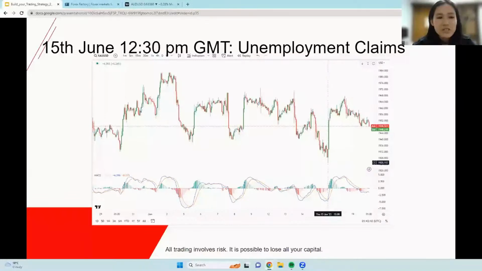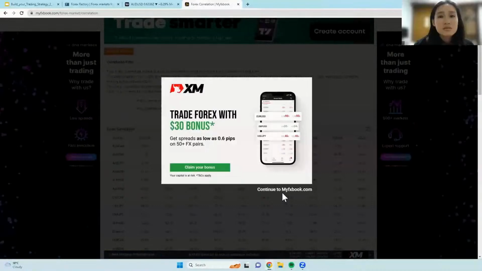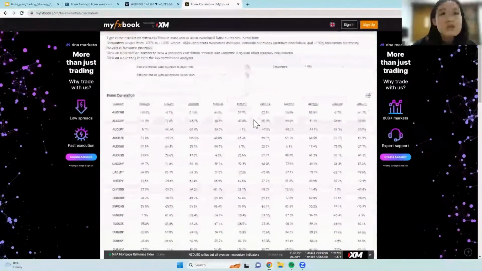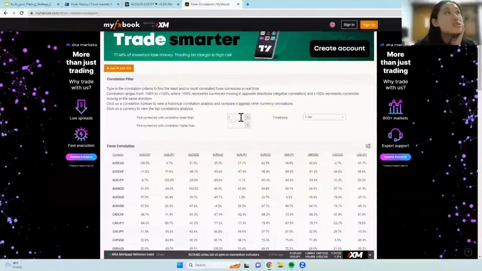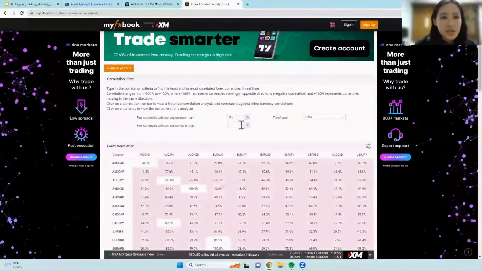So maybe I'll just sidetrack a little bit and show you guys this correlation table from my FX book. So you can type in, I think normally we use 80%.